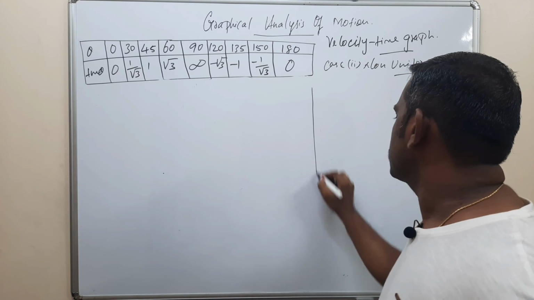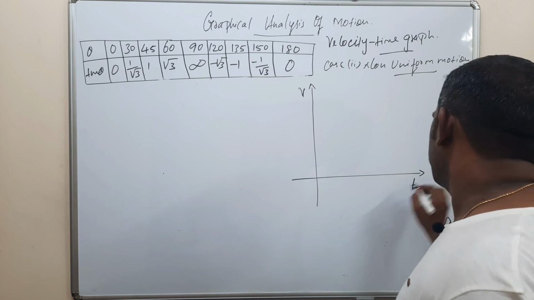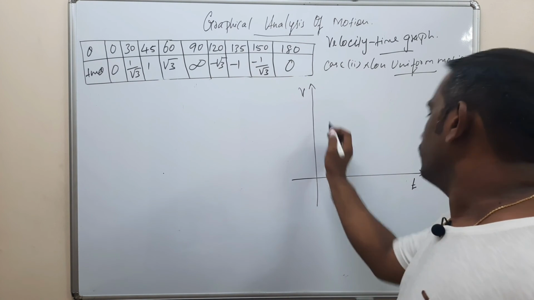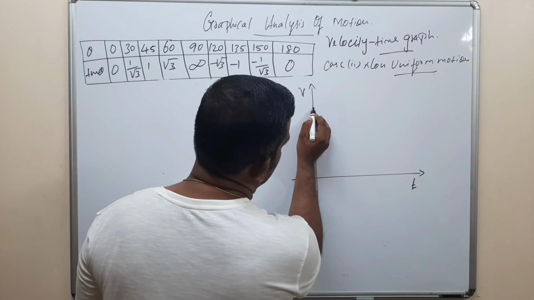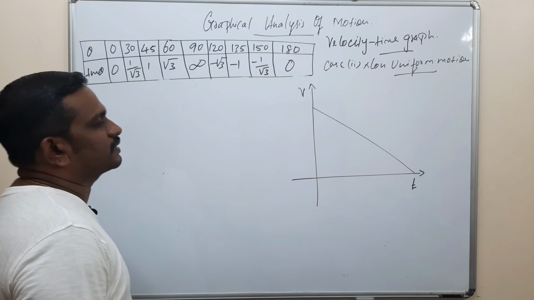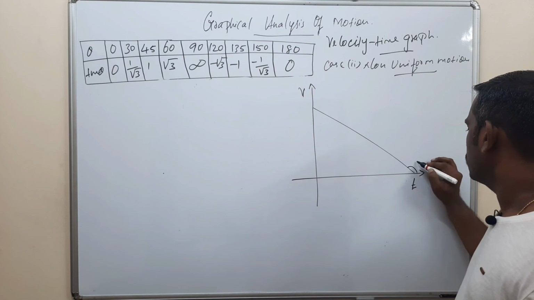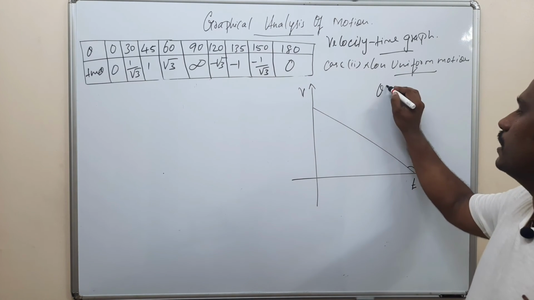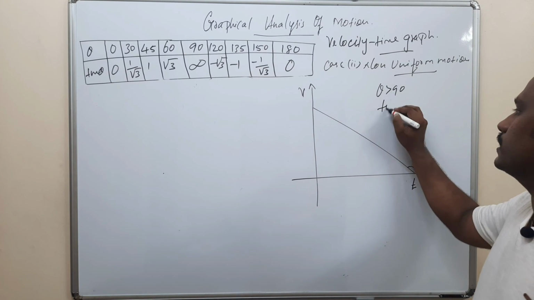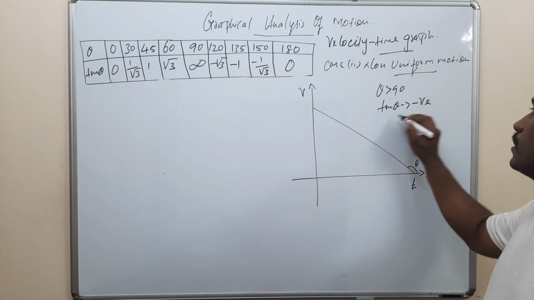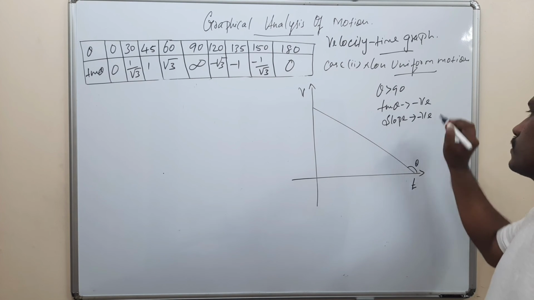Then if the velocity is decreasing, consider the velocity time graph where, as time increases, velocity decreases. So theta is greater than 90 degrees, tan theta is negative, slope is negative.